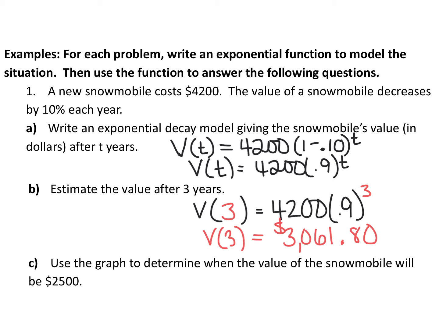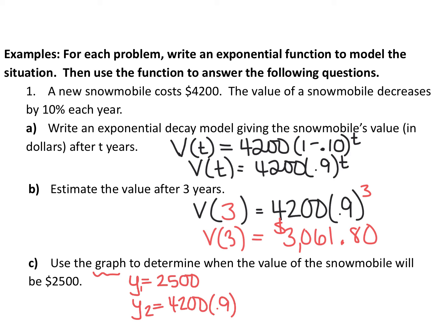Now we're going to determine when the value of the snowmobile will be $2,500. That means I'm plugging in 2,500 for V of t. However, you haven't learned how to get a variable out of an exponent spot yet. We're going to need to learn about logarithms first. So we're going to use a graph to do this. We let one equation be y equals 2,500, and the other will be my function, 4,200 times 0.9 to the t.